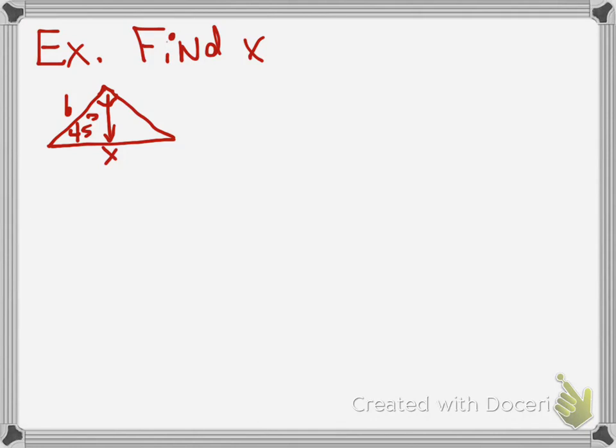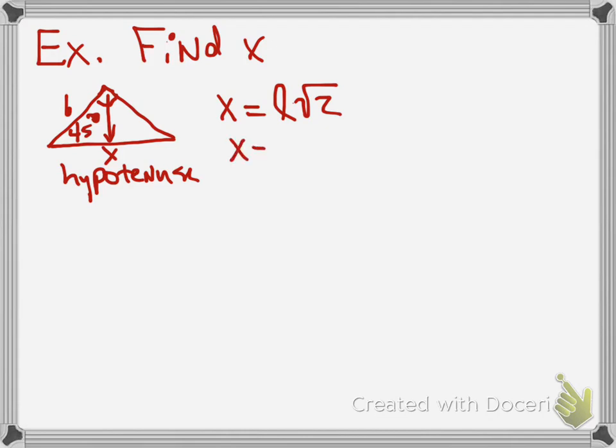That means if you've got a leg, all you got to do is multiply by the square root of 2 and you would get the length of the hypotenuse. So if the length of the leg is 6, then I would just say 6 times the square root of 2, and I'm done. Easy peasy.